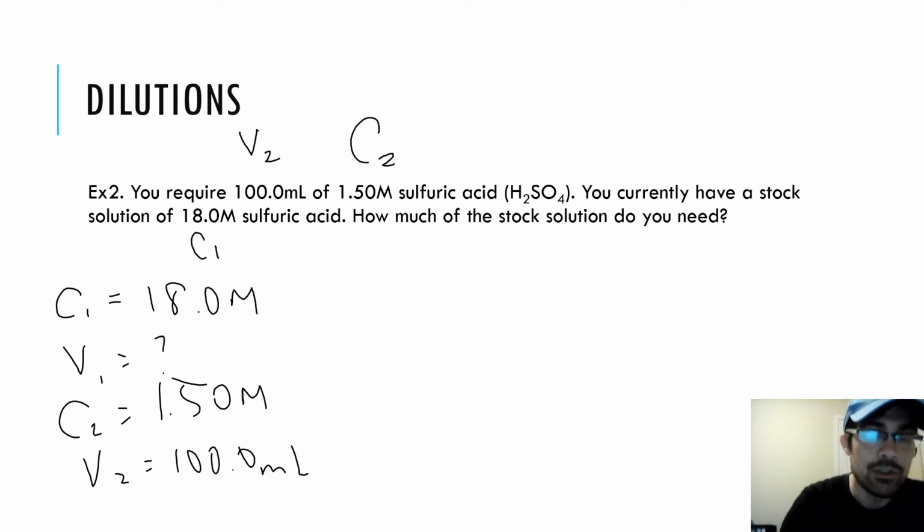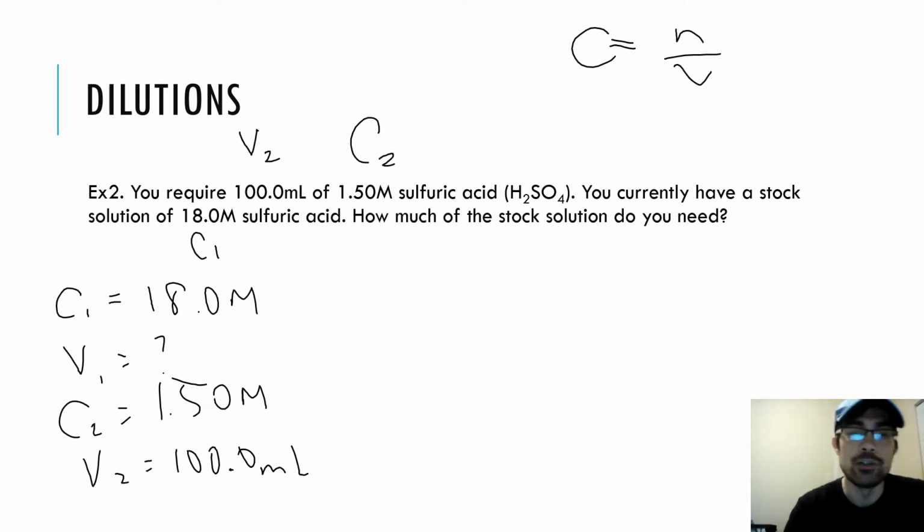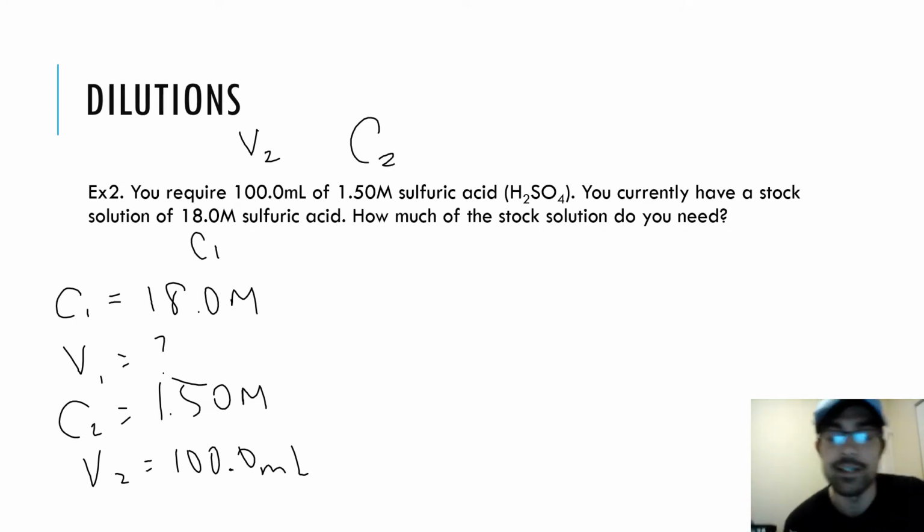Okay, now just going back a moment, remember that with volume, we don't actually need to change it to liters like we did with this formula, C equals n over V. That should have been in liters. In this case, we don't really worry too much about that, as long as you are aware that your final answer, the V1, will also be in milliliters.